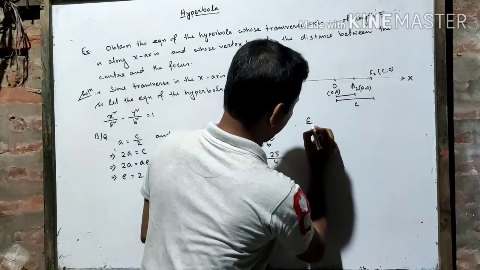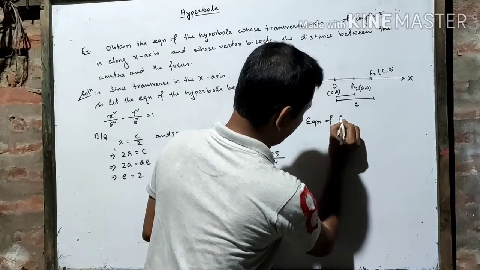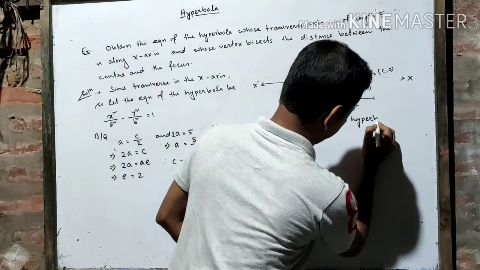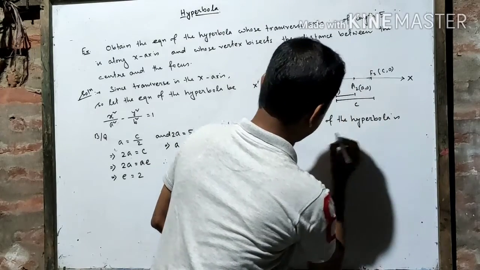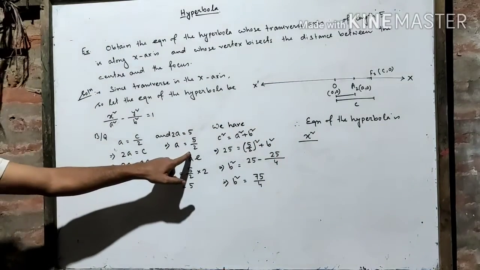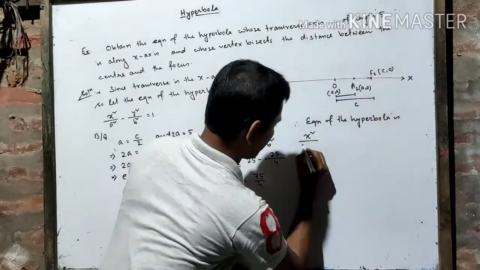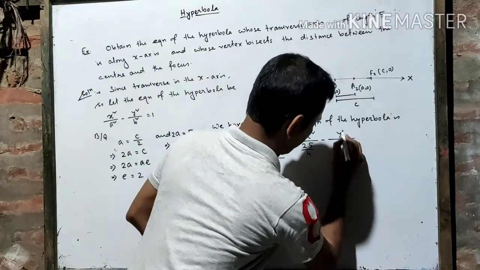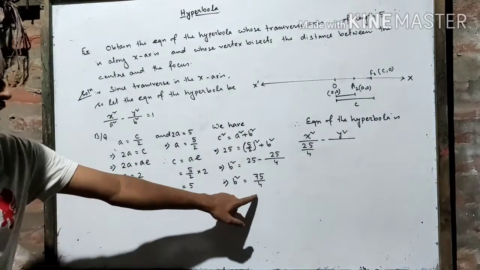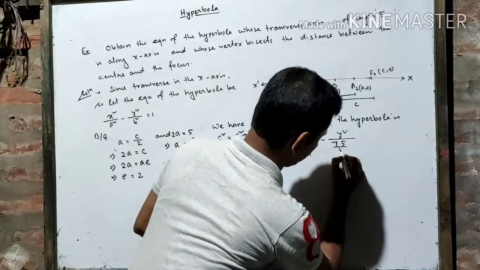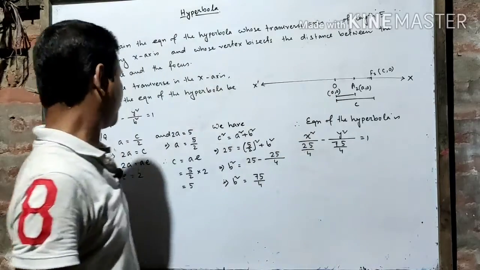Therefore, the equation of the hyperbola is x square by a square, what is a square? a square is 25 by 4, minus y square by b square, what is b square? 75 by 4, is equal to 1.